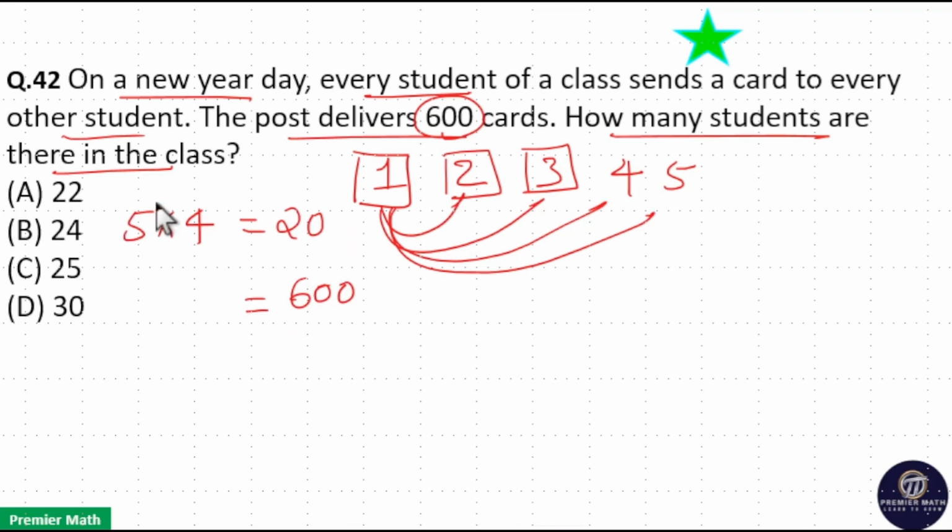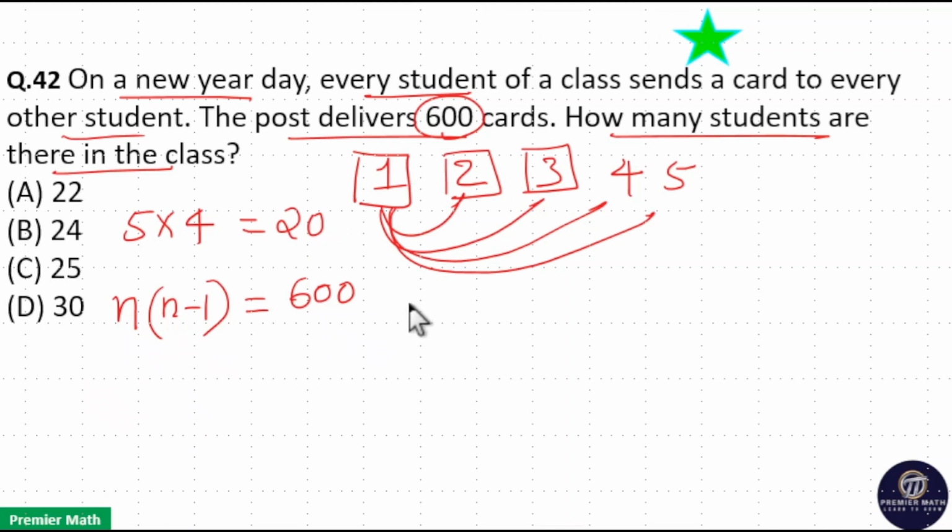Here, if 5 people are there, these 5 people can send 5 minus 1 cards to each other. That is, if n people are there, they can send n minus 1 cards to each other. So n into n minus 1 is 600.